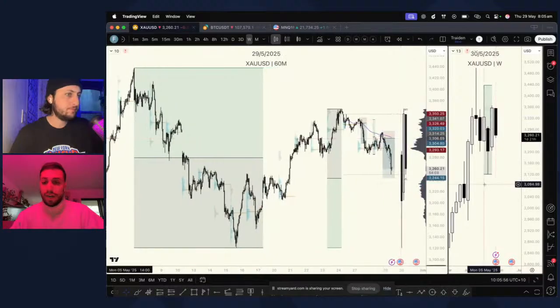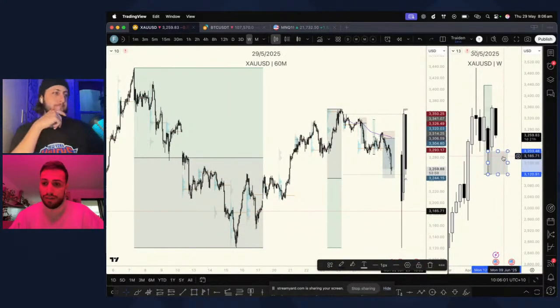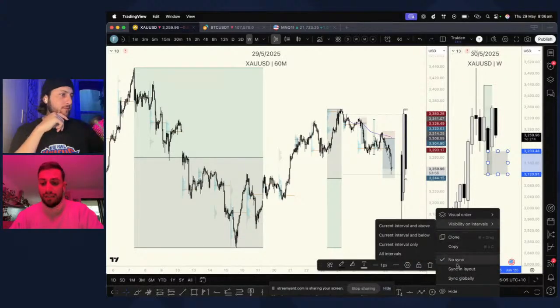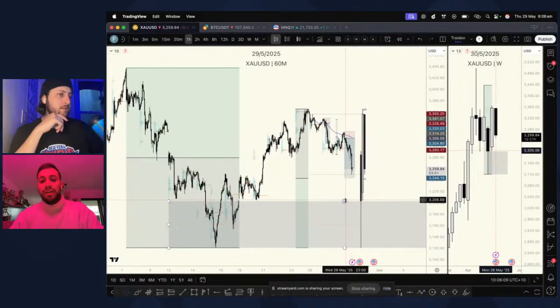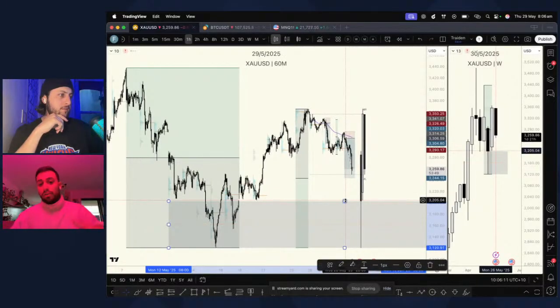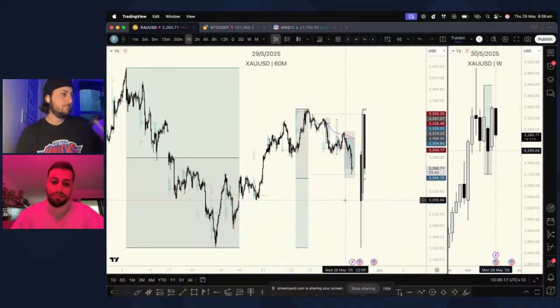So I might even wait for price to get down into this area, and then look for a long there. That could potentially be the next point of context, where I might start to look for longs again. But then I'll look for volume profile confluence, structure changes on the hourly, things like that, and it'll be good to go.